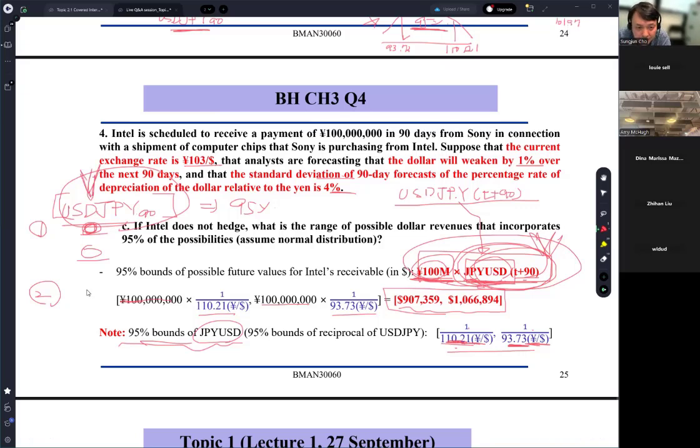You just computed the 95% bound of USD JPY. How can we use this one to get the 95% bound of this one? You have to use the reciprocal to get the 95% bound of JPY USD. And then you have to multiply by 100 million yen. You will see a similar question, I think, in one of the topic 2 questions. You will be able to exercise this one more time.